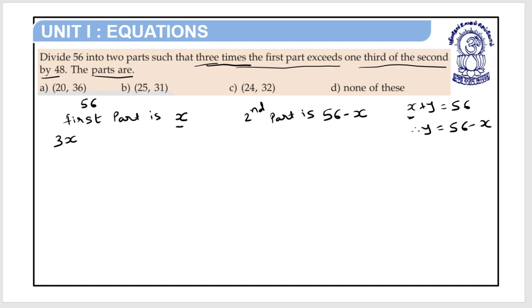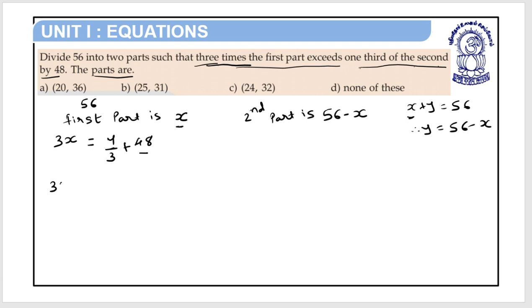So 3x is equal to y by 3 plus 48. 1/3 of the second by 48, that is, y by 3 plus 48.